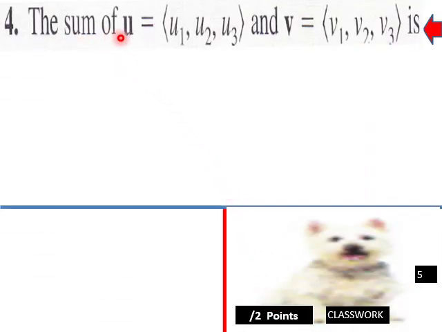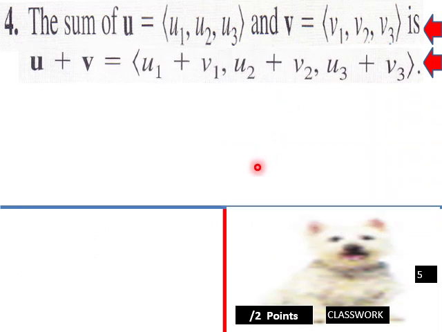The sum of u equals u1, u2, u3, and v equals v1, v2, v3 is u plus v, and we add these together: u1 plus v1, u2 plus v2, and u3 plus v3.